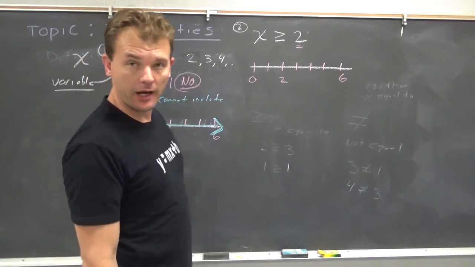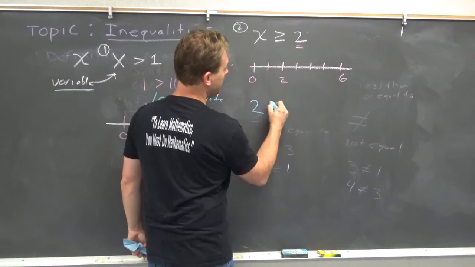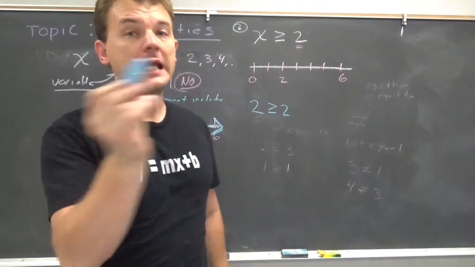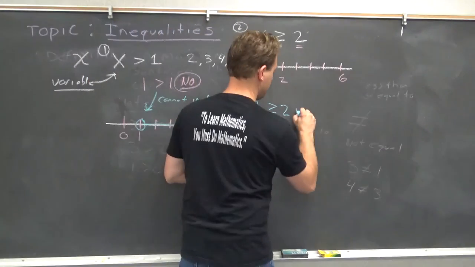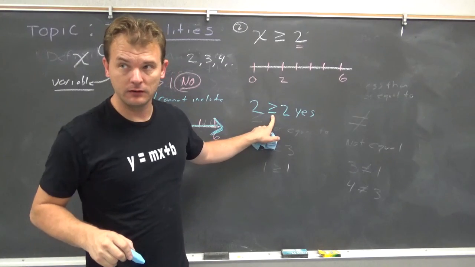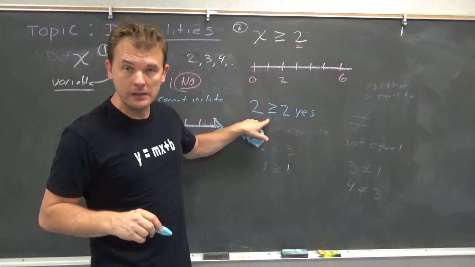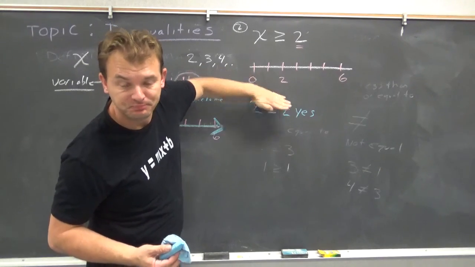So this time, can 2 be greater than or equal to itself? And this is a yes. 2 can be greater than or equal, so equal means, really, 2 is equal to itself.